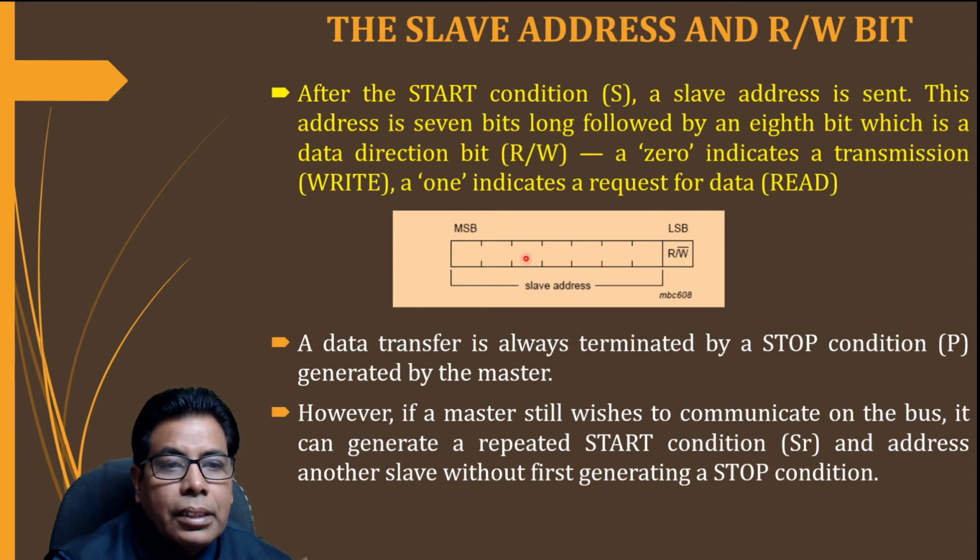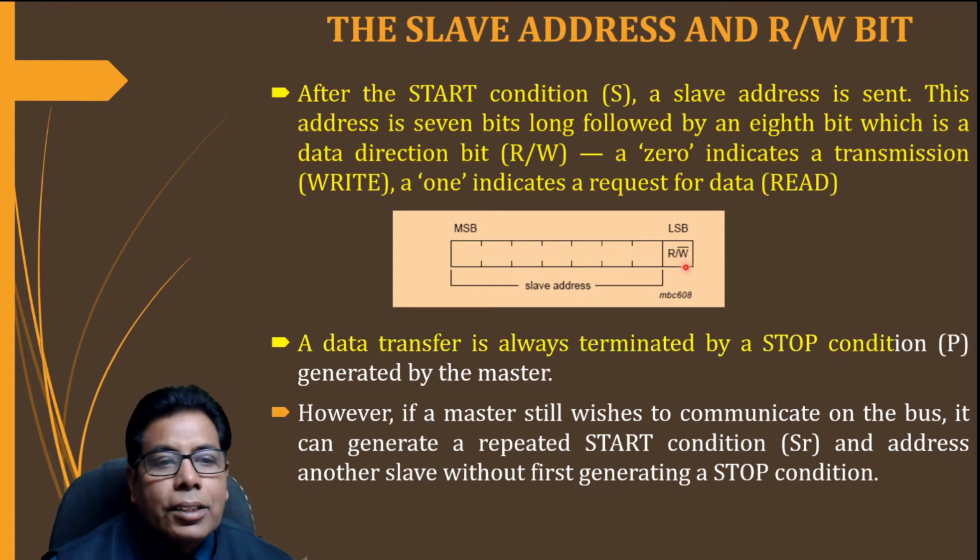So that will be the address of the slave, 7 bits, and the 8th bit is the RW bar bit. It will distinguish between the write or read.